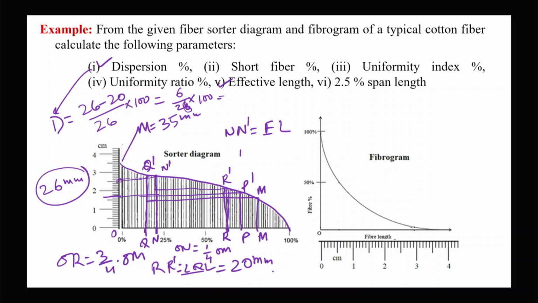This will be typically 23.07%. So this is the dispersion percent we have got. Effective length is 26.